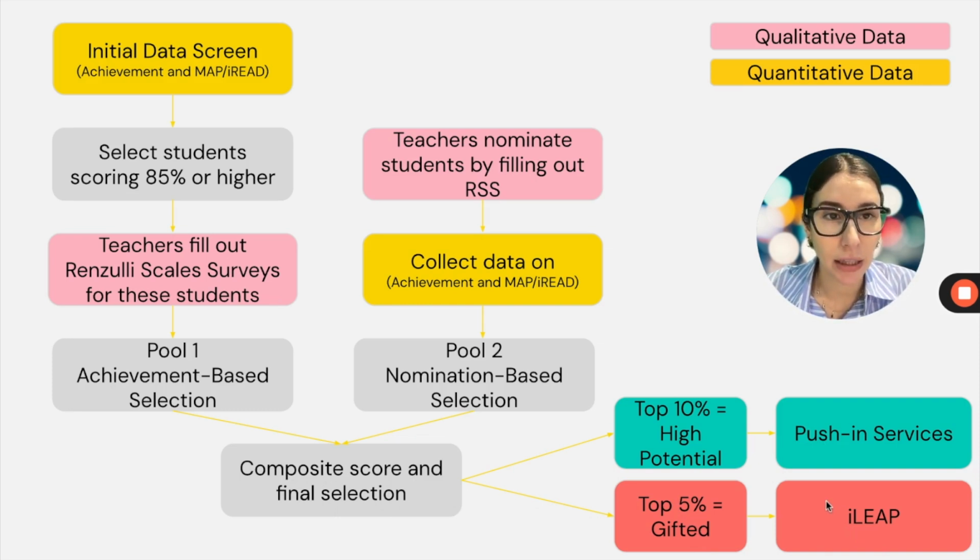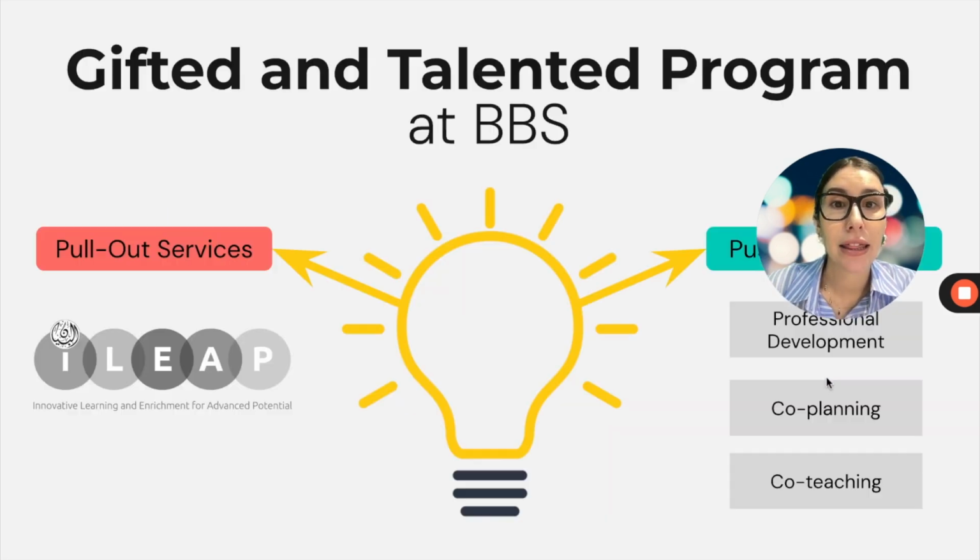So you'll notice that not all students will be in the iLeap program. The iLeap program is designed for the students identified as gifted, a smaller subset of the population, while a larger subset, the top 10%, will receive the push-in services that take place in the classroom.